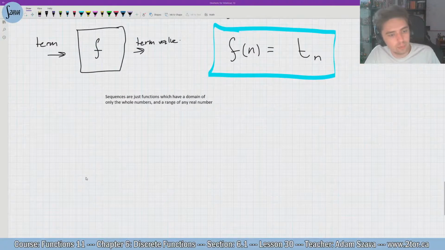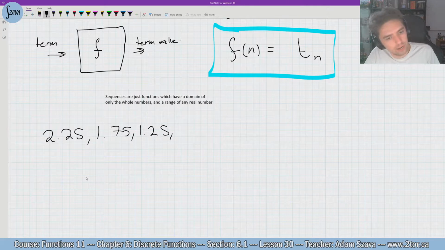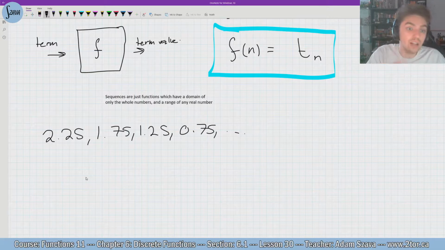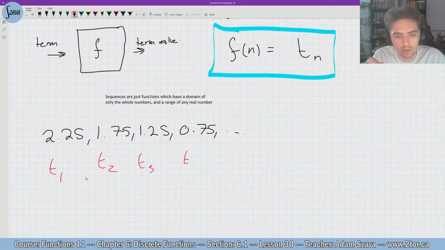So for example, we can have a sequence 2, 2.25, 1.75, 1.25, 0.75, ... right? So the value of the term doesn't have to be a whole number. But that is term 1, term 2, term 3, term 4, right?